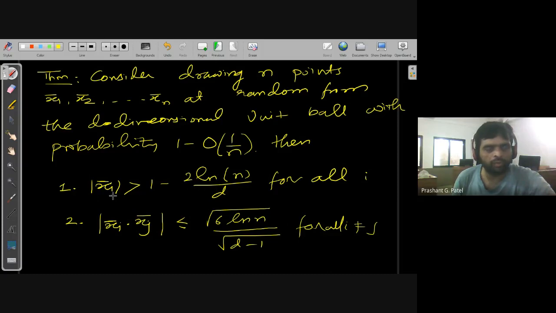This is the theorem which says that if you pick any two points at random from the ball, then there is a high probability that the two vectors are orthogonal. So ultimately, in the d-dimensional unit ball, every pair of points is nearly orthogonal.